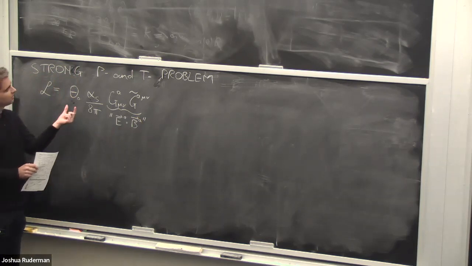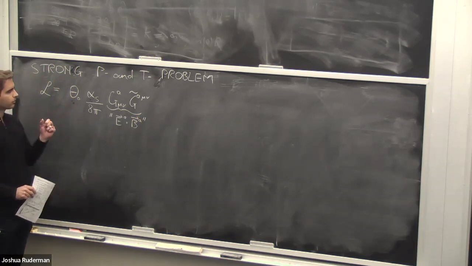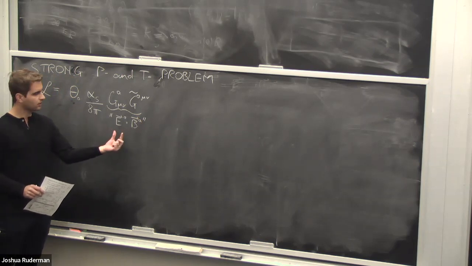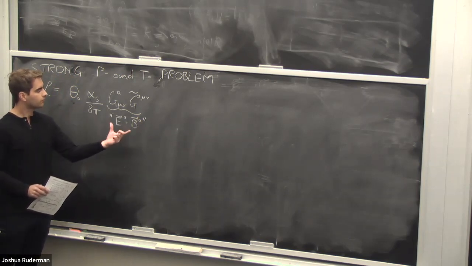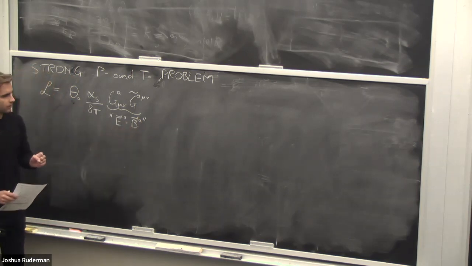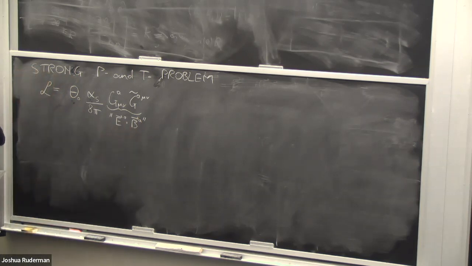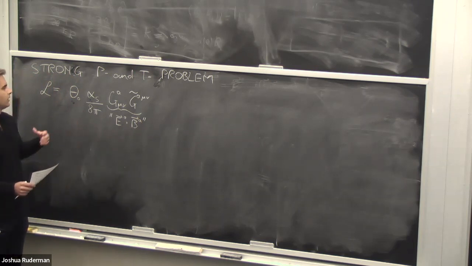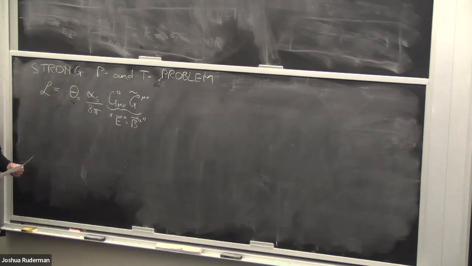So that's kind of what you can think of it like. So there's now an energy density associated with there being a dot product of a chromoelectric and a chromomagnetic field. Okay, and this you can write as a total derivative. So perturbation theory has no consequences, but non-perturbatively it does have physical consequences.